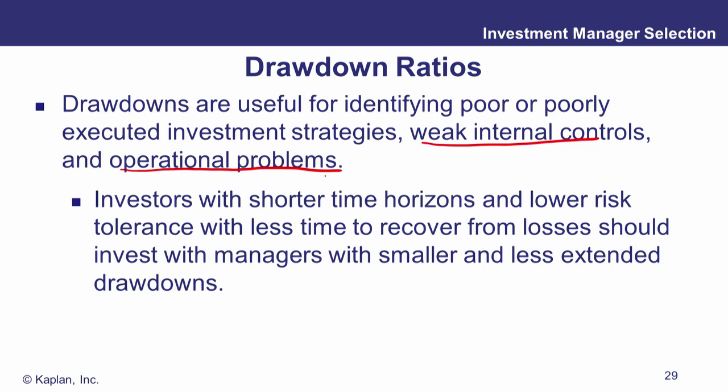Are you overreacting, underreacting? If you have a long-term strategy in view, think of it more like a strategic asset allocation, then why would you immediately pull your money out on that one day? And what we're trying to do here is to relate the manager's experience and background to, of course, our investors. Do they have a short time horizon, trying to match the right manager to the right time, to the right IPS?